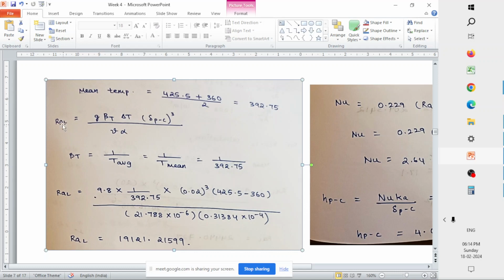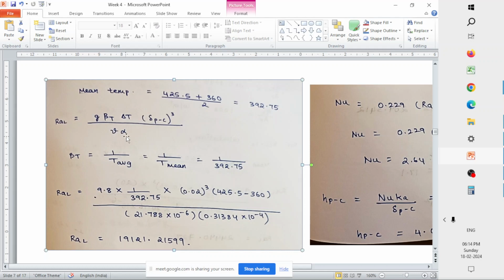If you see your Rayleigh number, Ra L, the Rayleigh number is associated with natural convection that is happening. That is equal to g times beta times delta T times delta Pc whole cube divided by nu into alpha.